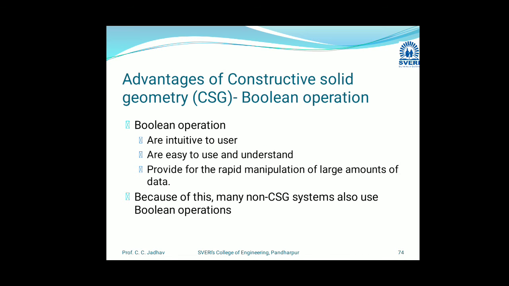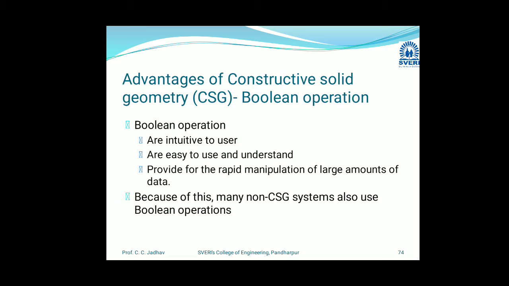Next, advantages of constructive solid geometry and Boolean operations. Boolean operations are intuitive to the user, easy to use and easy to understand. We just add, subtract, and intersect the objects. They provide for rapid manipulation of a large amount of data.